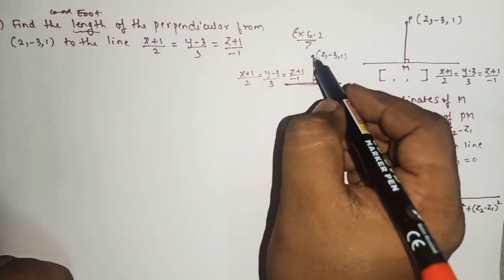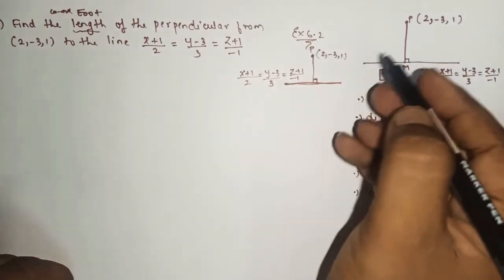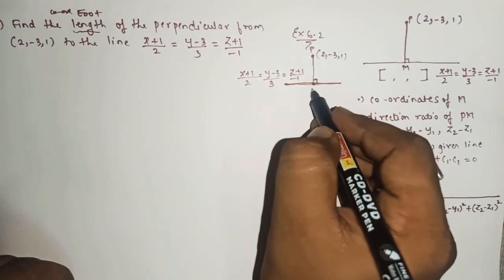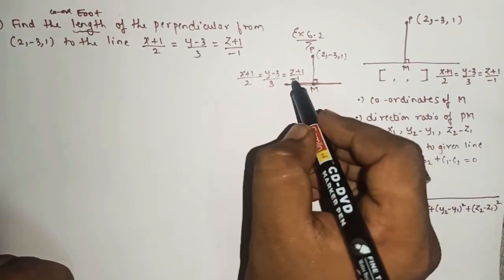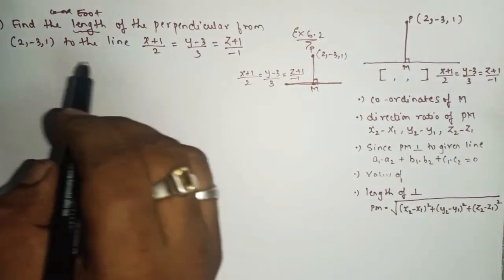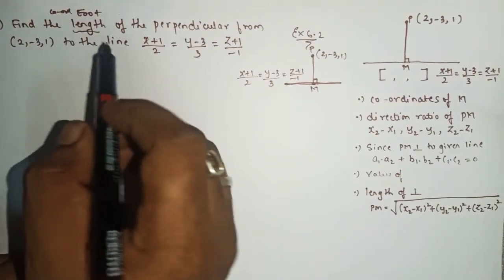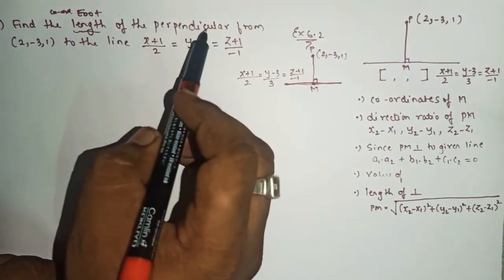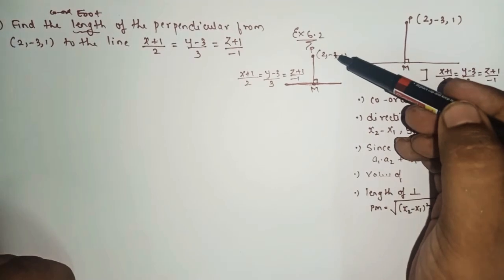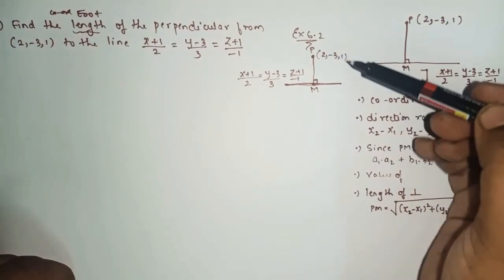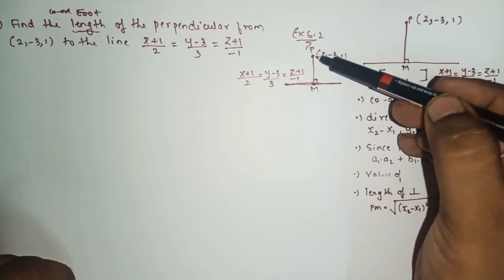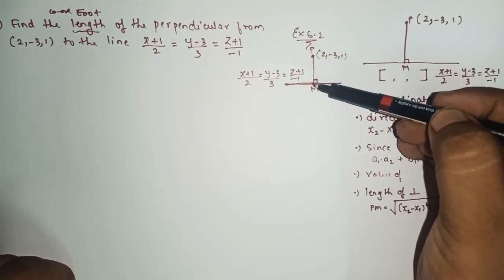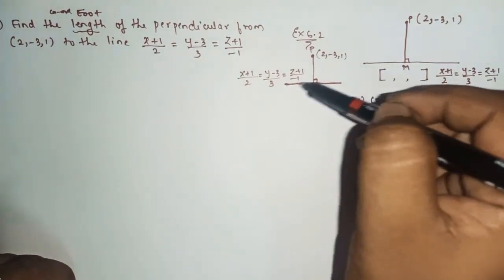We'll consider this point as P, and this foot, this base, as M, and PM is perpendicular to this line. Understood the concept? What exactly do we have to find? Here it says we have to find the length of the perpendicular from this point. In simple language, from this point a line is drawn which is perpendicular to the given line.